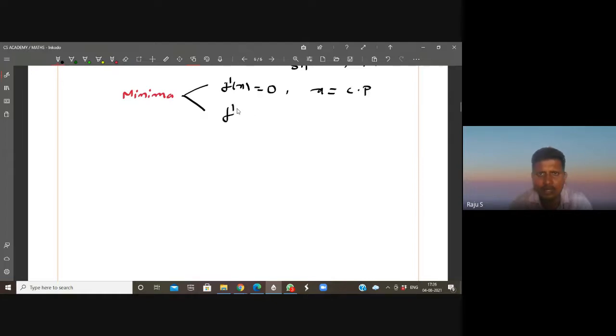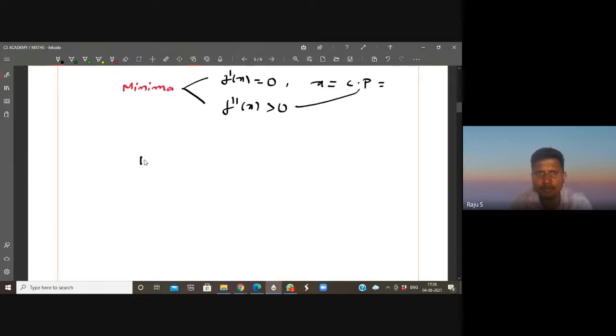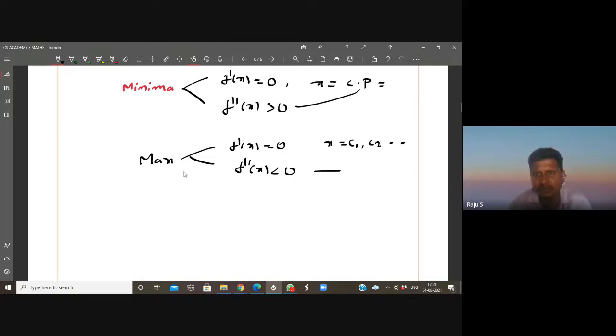At that critical point find f double dash of x. If it is greater than 0 at the critical point, then the function has a minimum value. In the same way, maxima also. F dash of x equating to 0, we are going to get x is equal to c1, c2, so on. At those c1, c2, you have to find f double dash of x; if it is lesser than 0, the function has a maximum value.